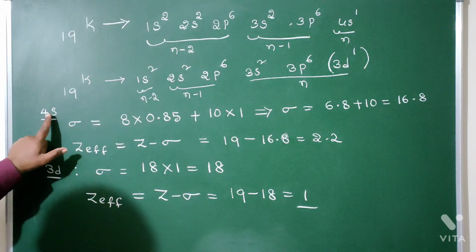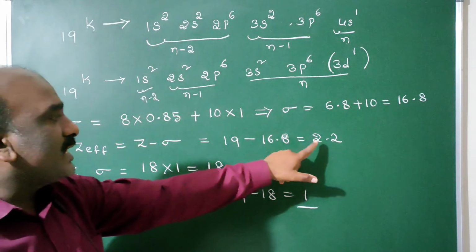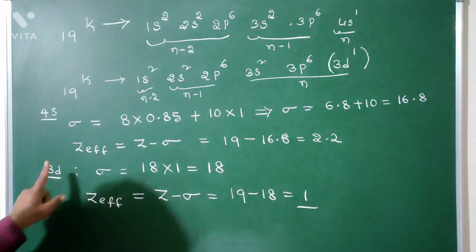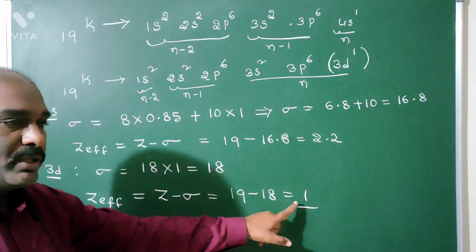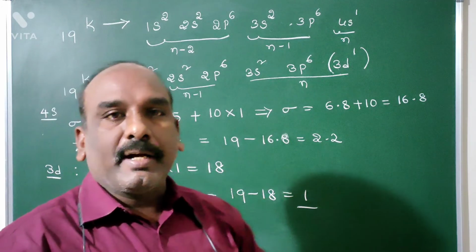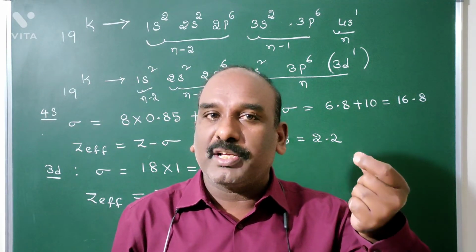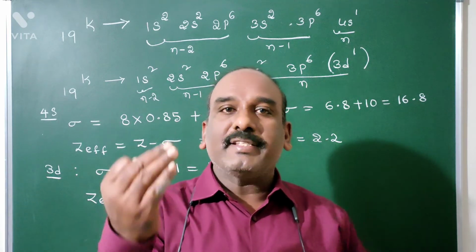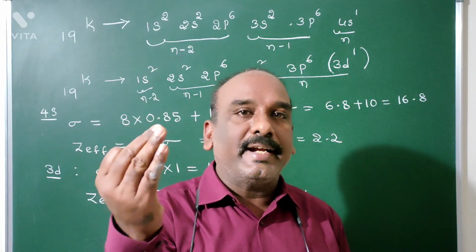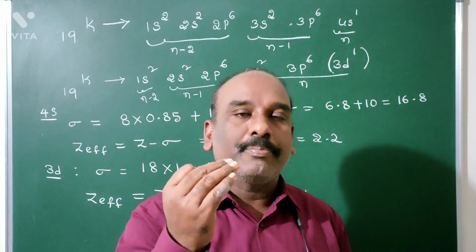For the 4s electron, the effective nuclear charge is 2.2. For the 3d electron, the effective nuclear charge is 1. Because the effective nuclear charge is more for the 4s electron, the 4s electron is strongly attracted by the nucleus.